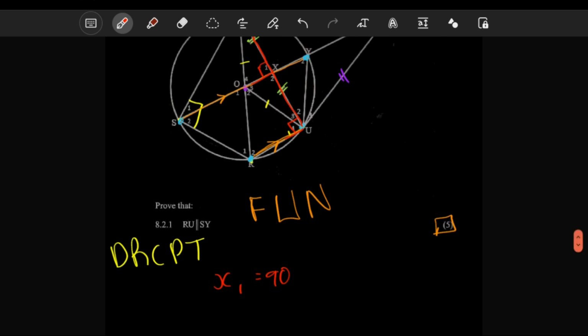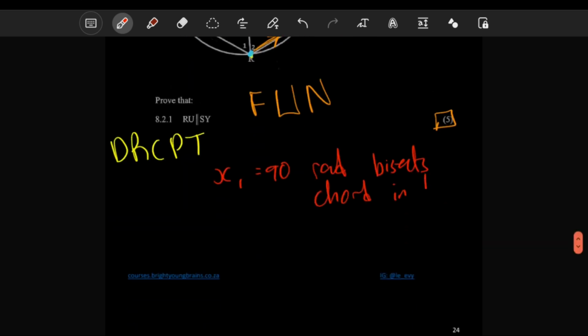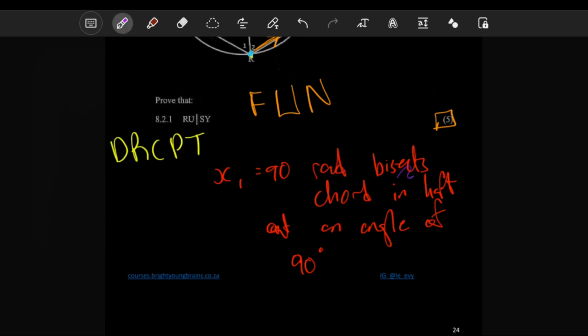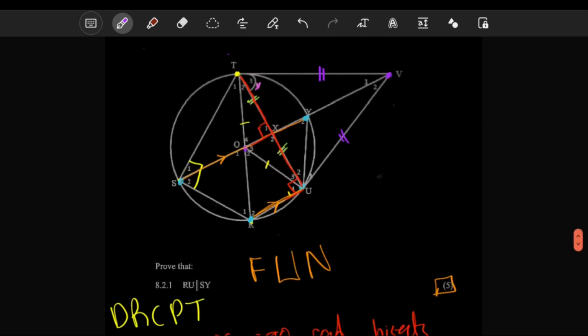Our reason will be radius bisects chord in half at an angle of 90 degrees. I'm writing all this because sometimes if the short one does not come to your head, just write out what you know. Radius bisects chord in half at an angle of 90 degrees. That's going to give you 2 marks.